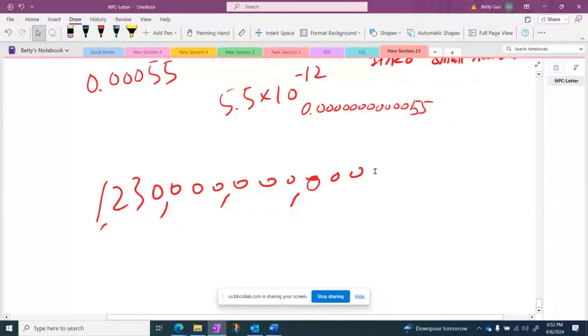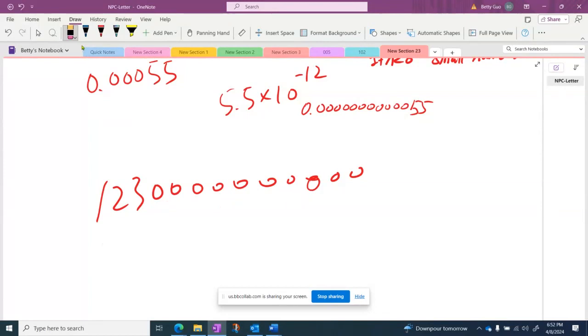So how do we use the scientific notation? Let me see what this number is. 1,000, million, billion, trillion, so 1 trillion, 230 billion. Okay, anyways, very large number. So this is how we use the scientific notation to represent this number.